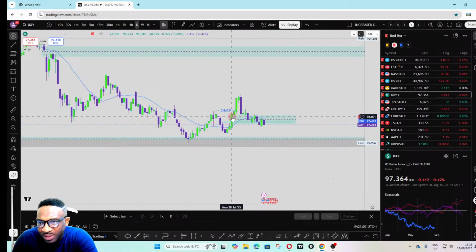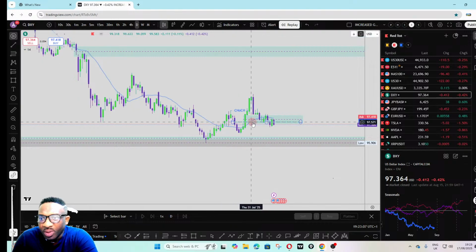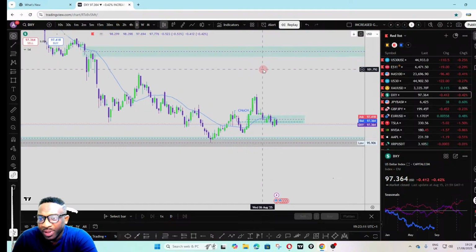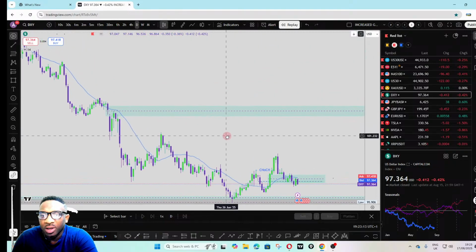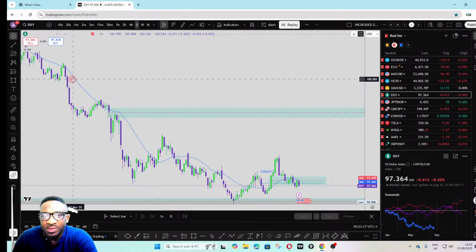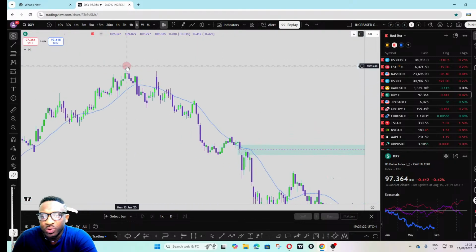So we have this imbalance here. Price came back to balance this before we target the up move. Up here as well, we can identify some areas of imbalances scattered along to this swing high.